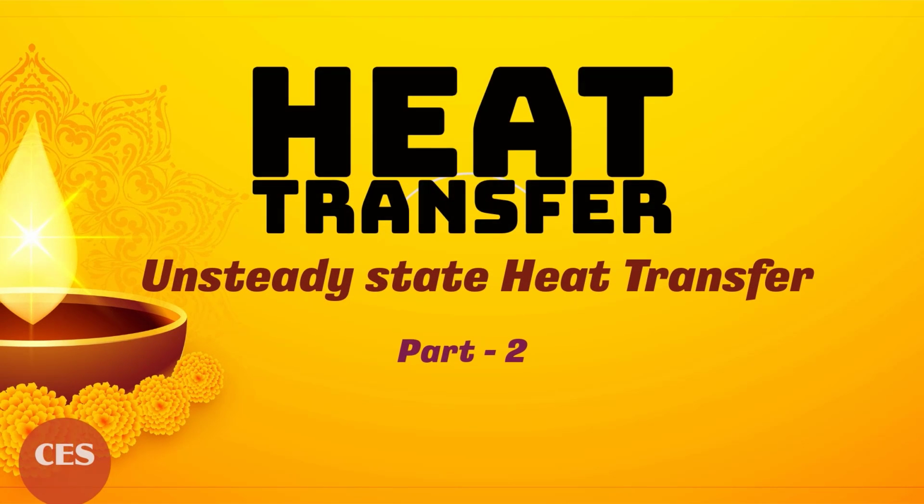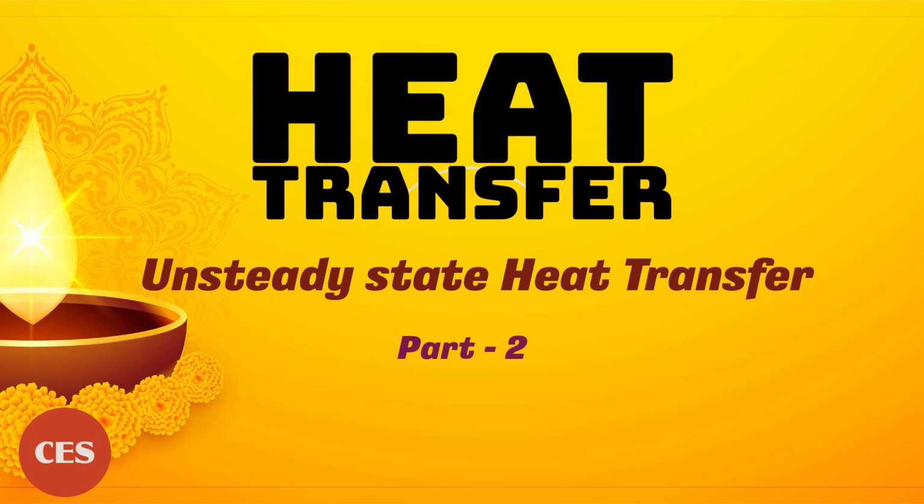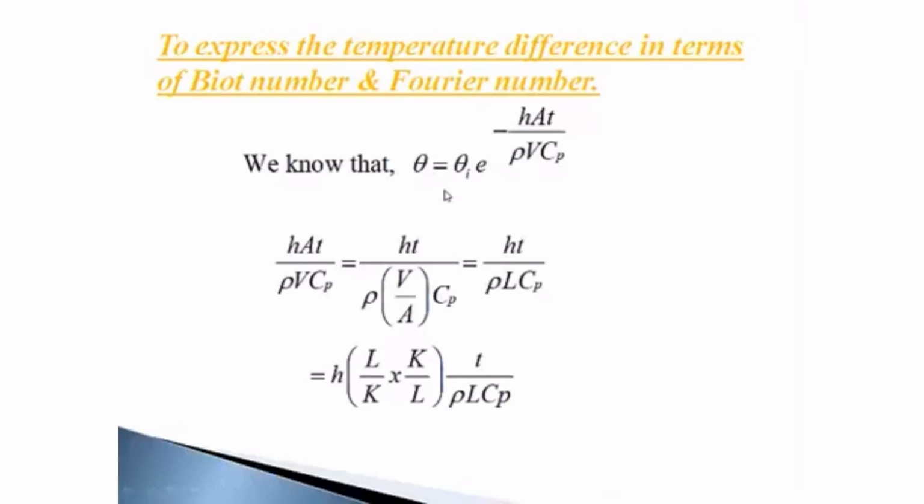Hi viewers. In the previous class, we obtained an expression for temperature difference in a lump heat capacity analysis as theta is equal to theta I into e raised to minus HAT by rho VCP. This HAT by rho VCP you can rearrange in this form by taking the area into the denominator.